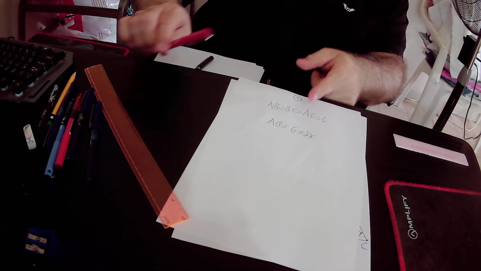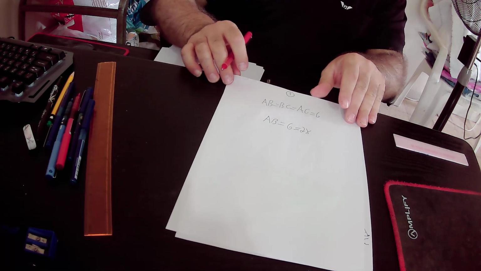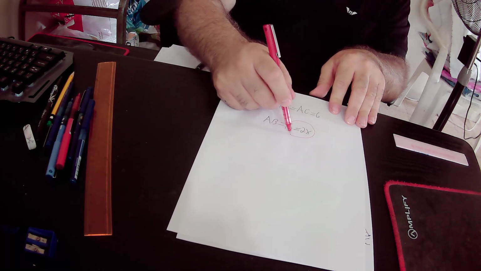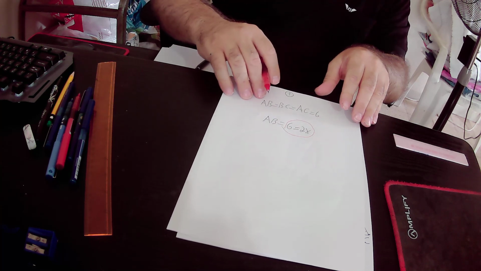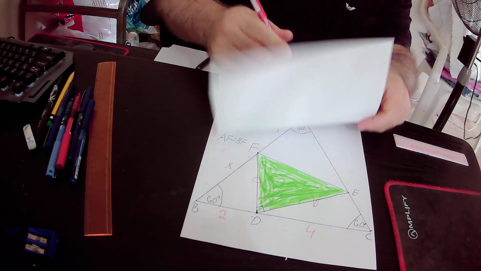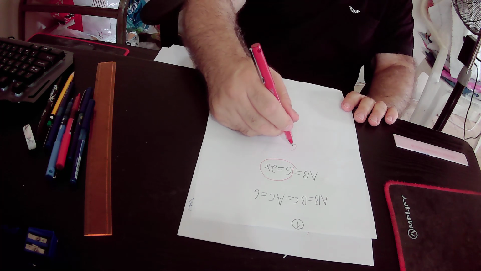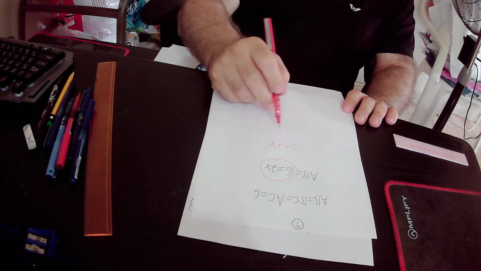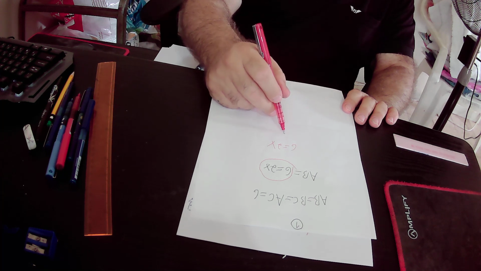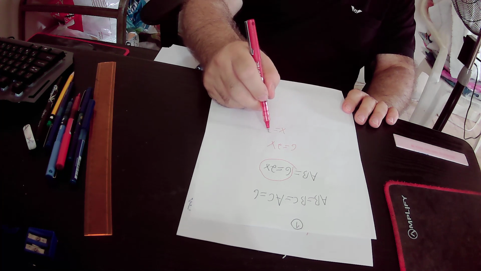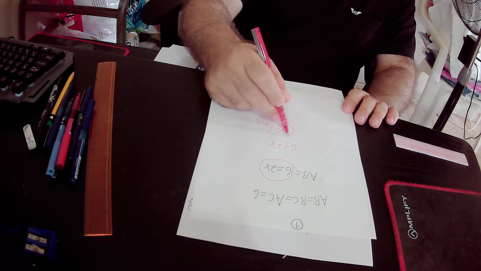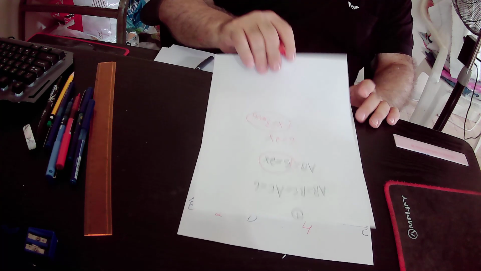From this equality we can deduce that 6 equals 2X, and if we divide this equality by 2, we will get that X equals 3 units.